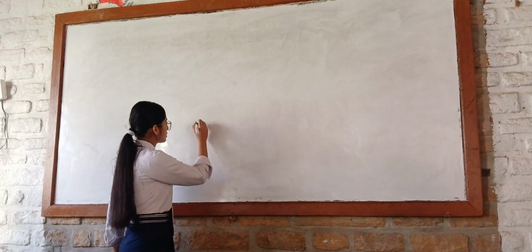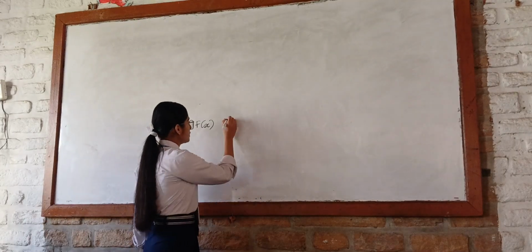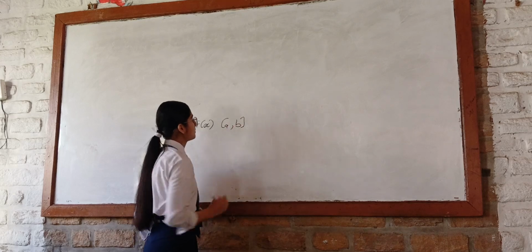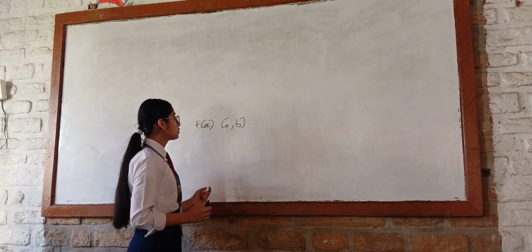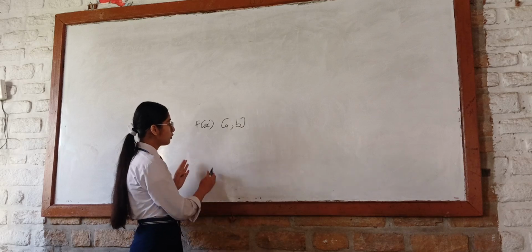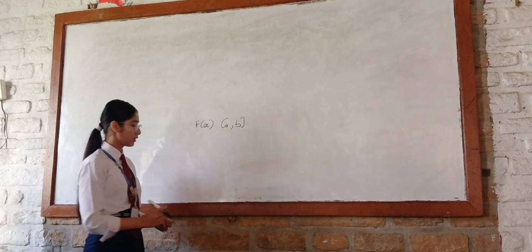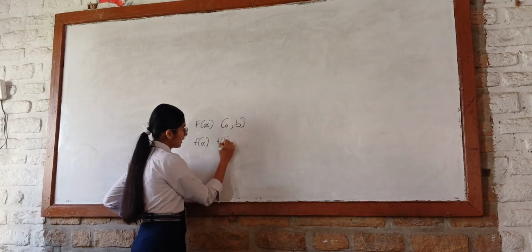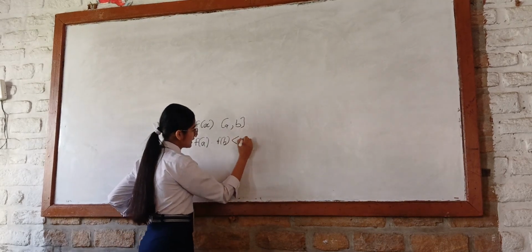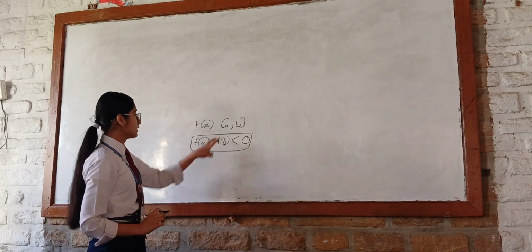Let's suppose a function f(x) whose root falls in the interval a and b. First we need to know whether the root falls in this interval or not. For that, according to Bolzano's theorem, we find f(a) and f(b). If the product is less than 0, then we can conclude that the root falls in this interval.